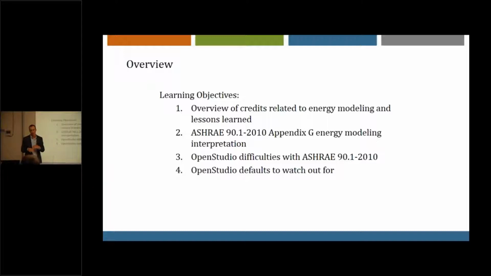And then I'll dive into OpenStudio. So I'll talk about some hiccups, some best tips and tricks that we've done for applying Appendix G with OpenStudio, and then also go through some less interesting defaults, but I think are really important to make sure you're paying attention to if you're using OpenStudio, to get right so that it is matching what Appendix G is looking for.